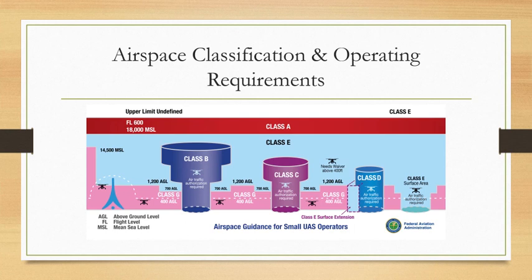Airspace is basically a generic term that covers the different classifications of airspace, the defined dimensions within which air traffic control, or ATC, service is provided in accordance with that particular airspace classification.